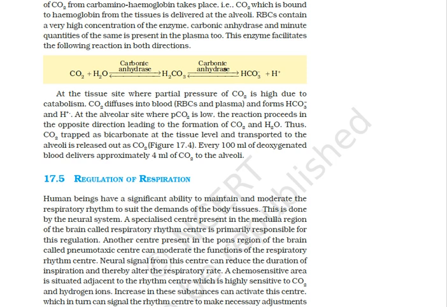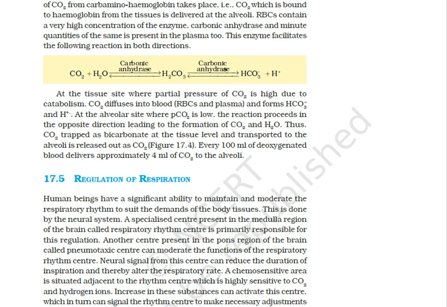Oxygen plays an insignificant role in regulation of the respiratory rhythm. The respiratory rhythm center present in the medulla region of the brain is primarily responsible for this regulation.